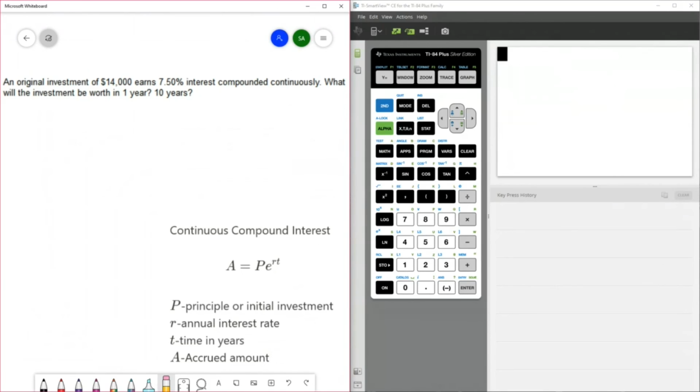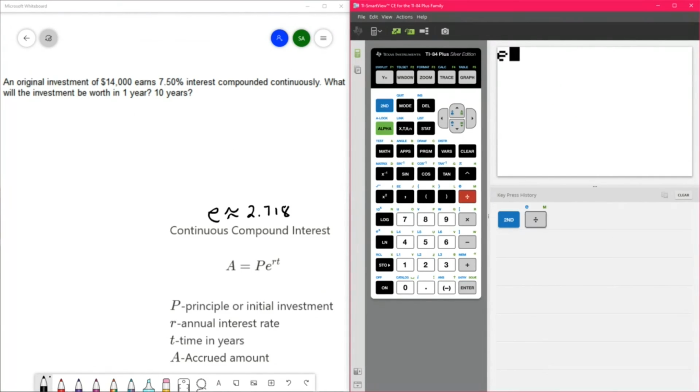There's one more letter in this equation, but it's not a variable. We have E, and E is approximately 2.718. It's a value that we even have programmed in our calculators. So I'm going to hit the second division button, which brings up E, and you can see that approximation of 2.718.